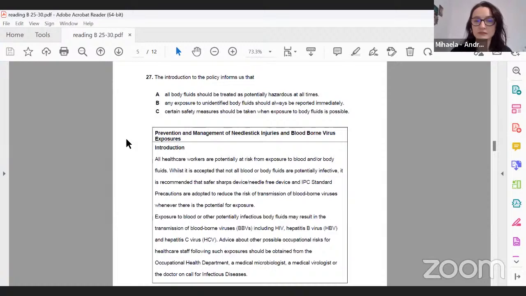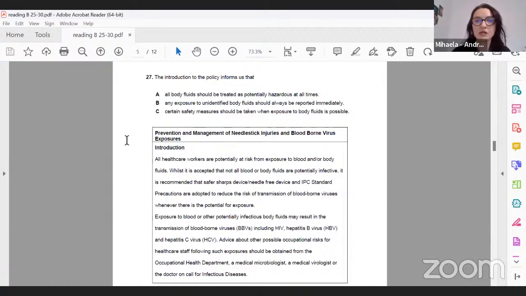Another, I think it's C. I wanted to say C, but I don't know why I said B. Because they said certain safety measures should be taken when exposure to body fluids is possible. And they said precautions are adopted to reduce the risk of transmission of blood-borne viruses whenever there is potential for exposure.